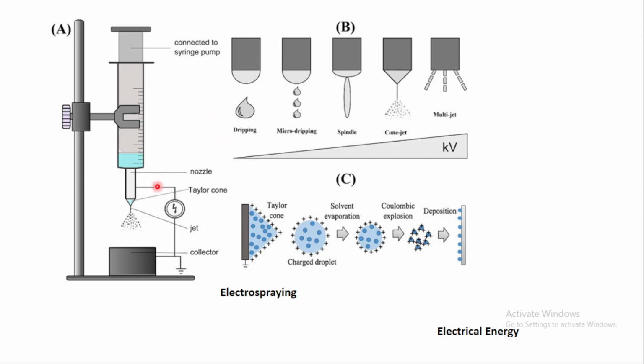It uses electrical energy. So here in the connected syringe pump, when we are loading the nanoparticle synthesizing material in solvent form, there can be different chemical starting molecules, right? So this can also be modified from a physical technique to a chemical technique.